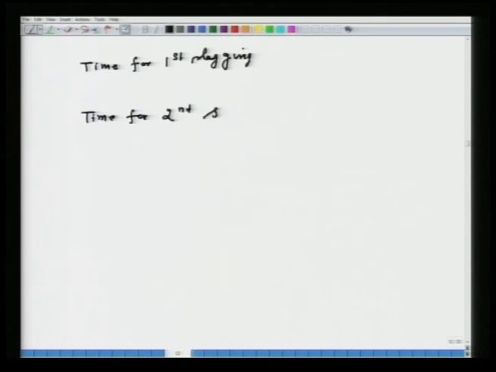So, the time for first slagging, time for second slagging, and time for the blister copper formation stage.